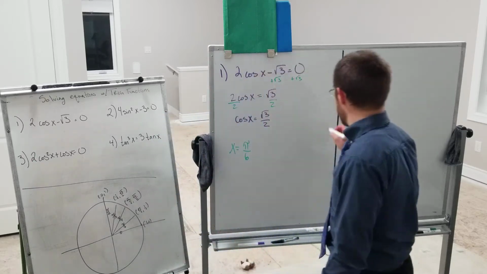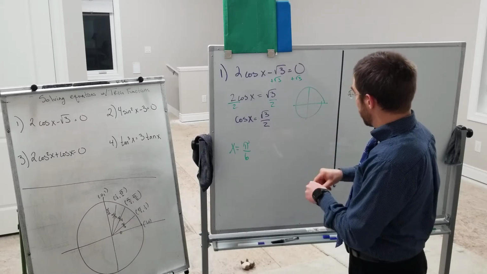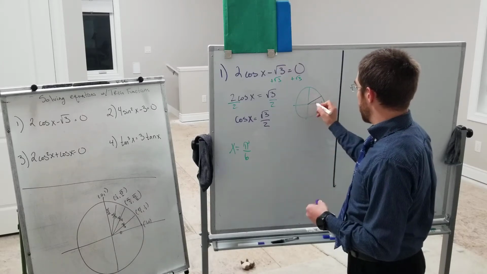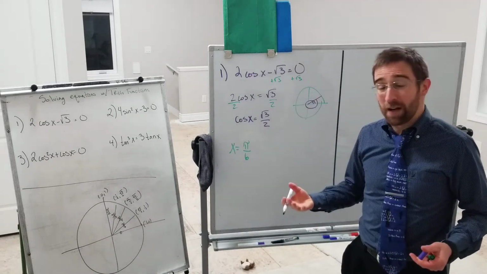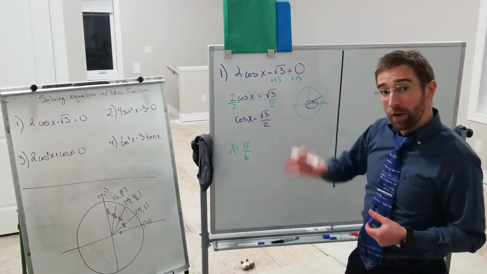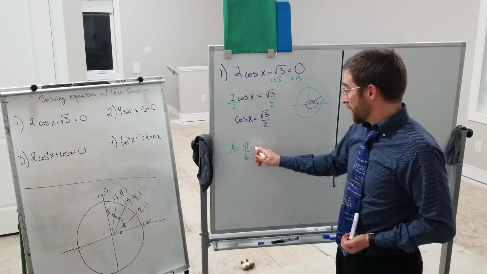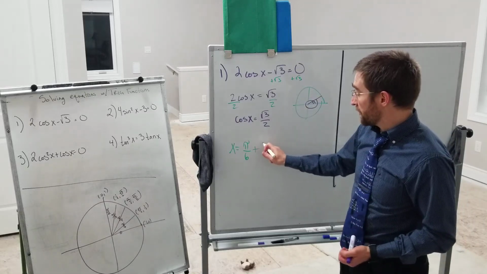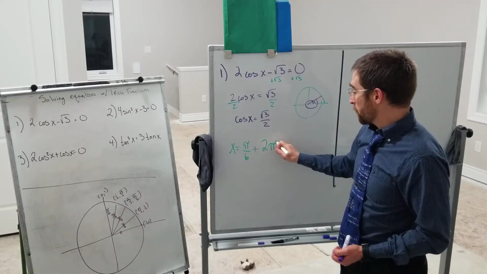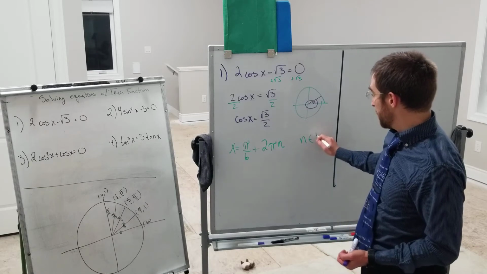But if I'm looking at the unit circle here, pi over 6, I could also go 13 pi over 6, a whole 2 pi plus the pi over 6. And I could do that as many rotations as I want. So I'm going to say pi over 6 plus 2 pi n, where n is an integer.